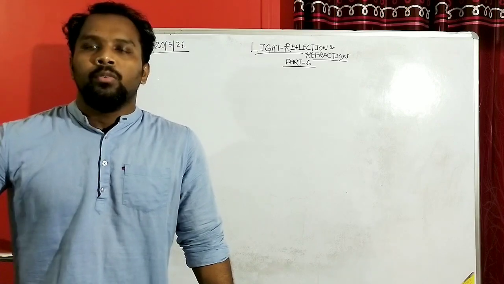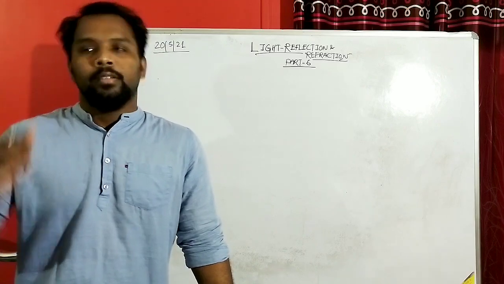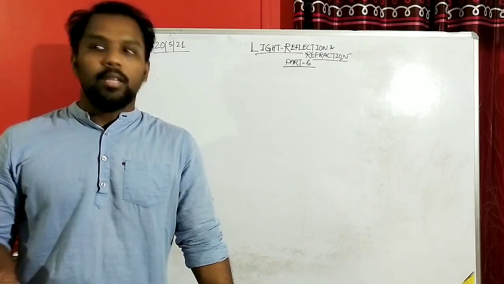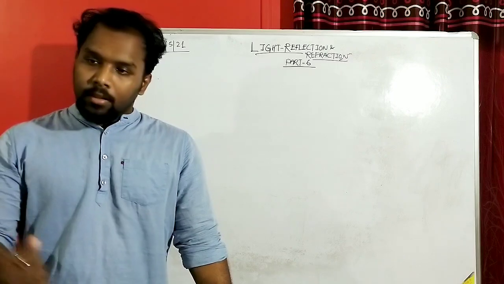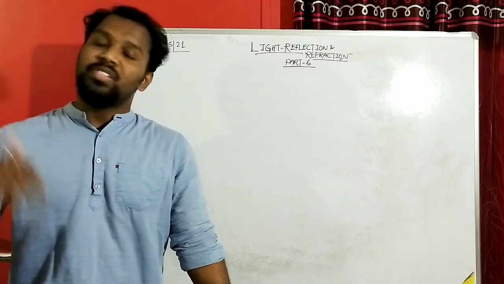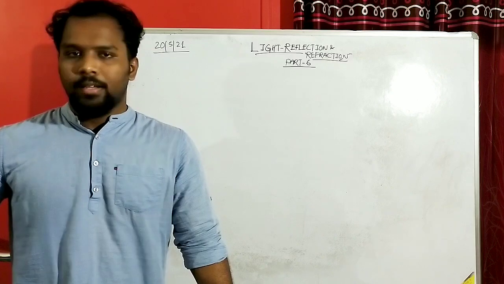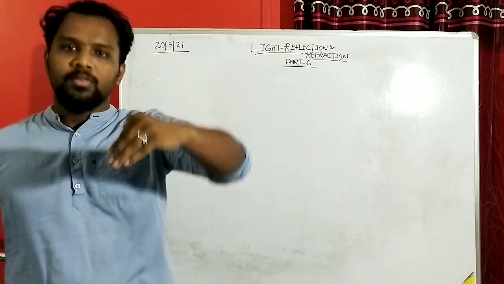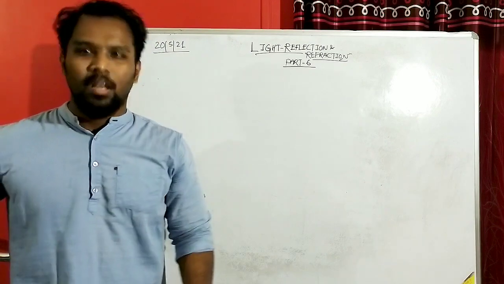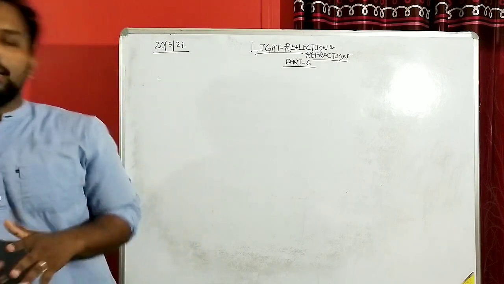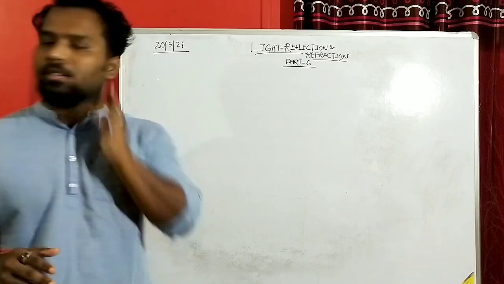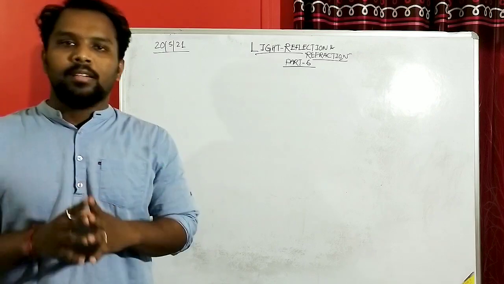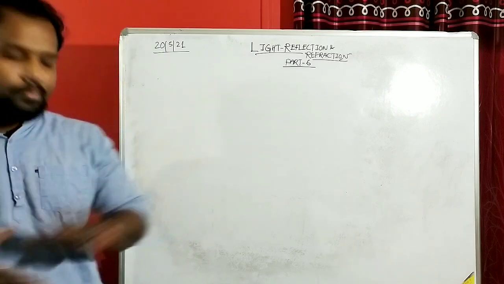When a reflection occurs, the ray comes from one medium, is incident on a different medium, but reflects or bounces back to the same medium from which it came, making some angles with the normal. Those angles are the angle of incidence and the angle of reflection, and these two angles are the same. There are some reflection laws.